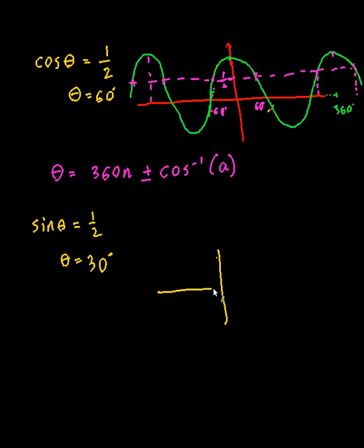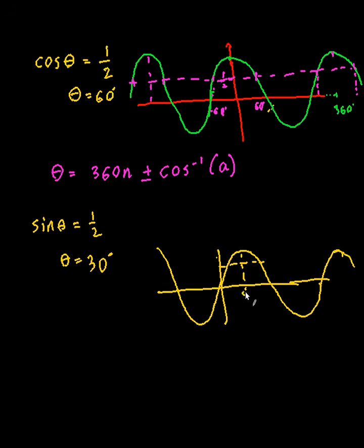Sine theta is actually one of the uglier ones. So if I do this, it'll keep repeating like that, and so on. Basically sine theta equals a half happens around this 90 mark over here, I guess. So I really don't want to derive another one.